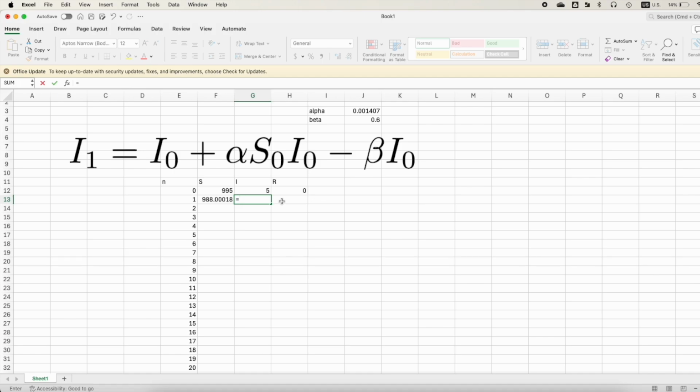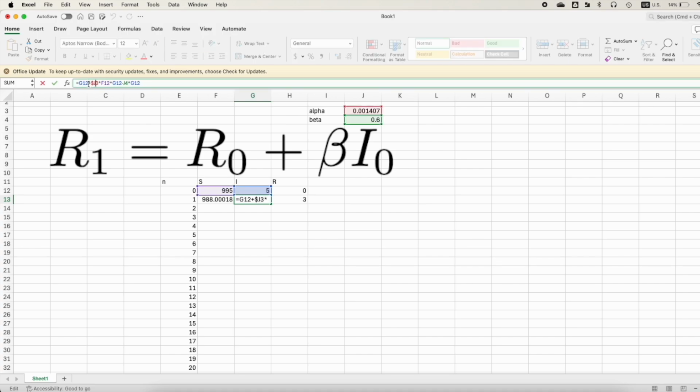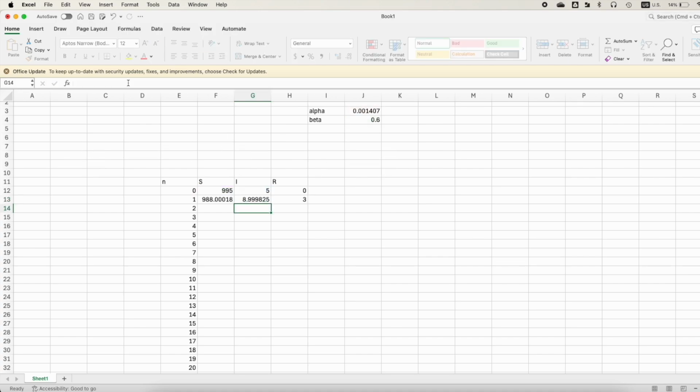So for I1, you have the equation for the I compartment to be I0 plus alpha times S0 times I0 minus beta times I0. And for R1, you do R0 plus beta times I0. And again, make sure that all the parameters stay put throughout the calculations.